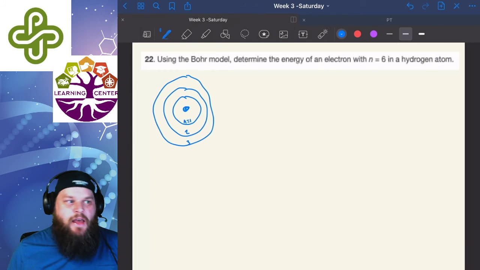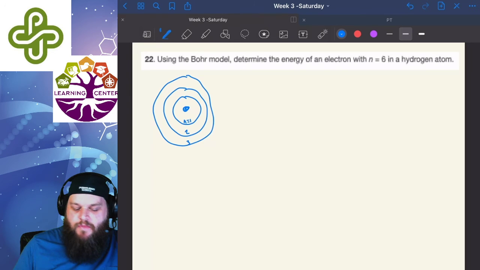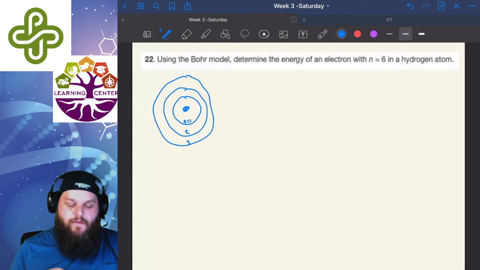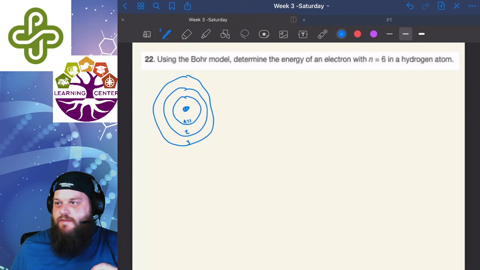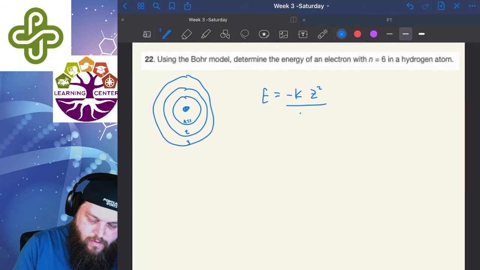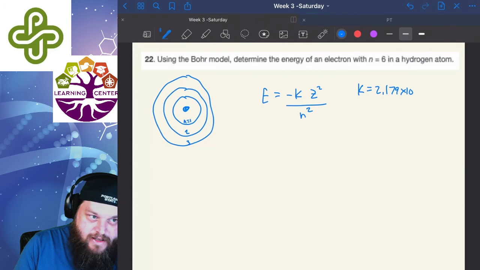And he had an equation for the energy of the electron based off which orbital it was in. What that equation is, E is equal to negative k z squared over n squared. And in this one, k is equal to this constant 2.179 times 10 to the negative 18 joules.